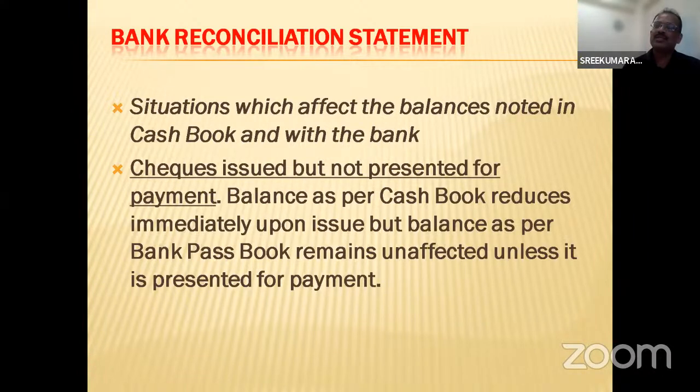So in the bank, the closing balance comes down only after one week. This is one of the situations where there could be a mismatch between your closing balance and the balance available in the bank. Balance as per the cash book reduces immediately upon issue, but balance as per the bank passbook remains unaffected unless it is presented for payment.